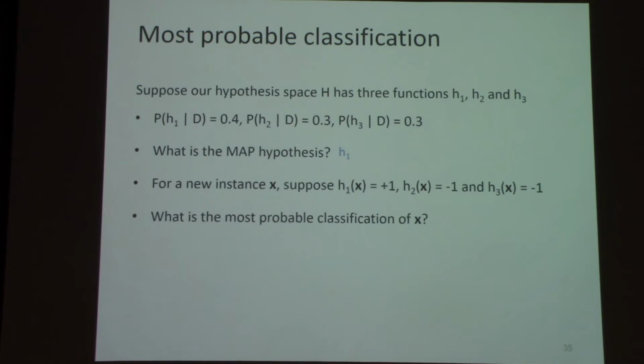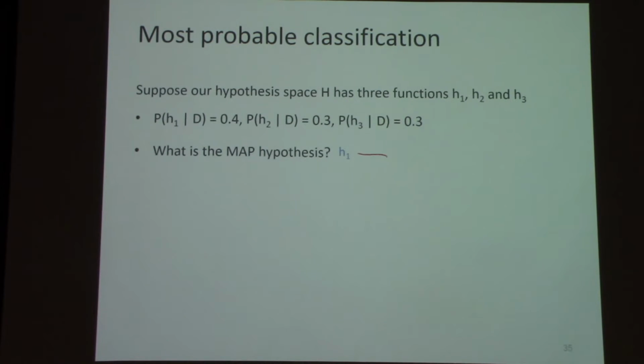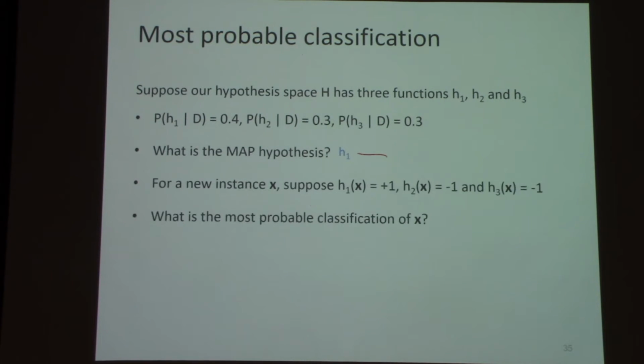What's the MAP classifier? It's H1. So this one here is the MAP hypothesis. H1. So the prediction of H1 is plus. So on this example, had you chosen the classifier according to the MAP principle, it would have predicted plus.